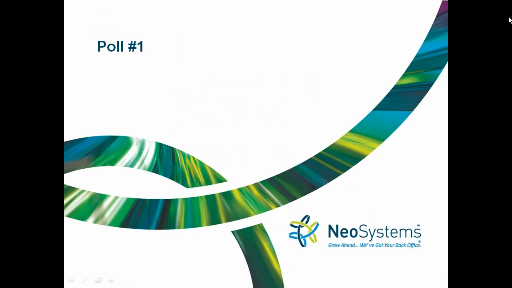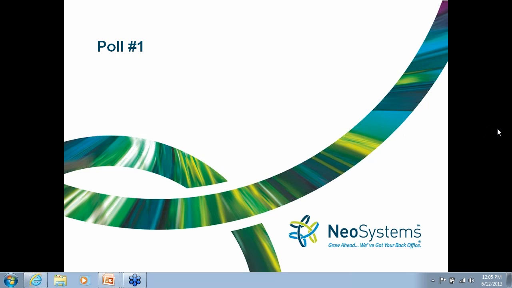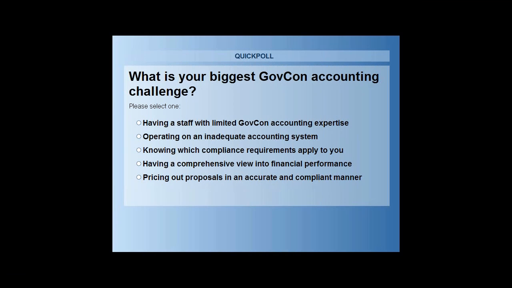And what we really want to find out today is, what is the biggest GovCon accounting challenge that you have? GovCon accounting is definitely a very niche skill to have. So is it having a staff with limited GovCon accounting expertise? Or are you operating on an inadequate accounting system like QuickBooks or Peachtree, and is that keeping you back from really getting the full financial picture?